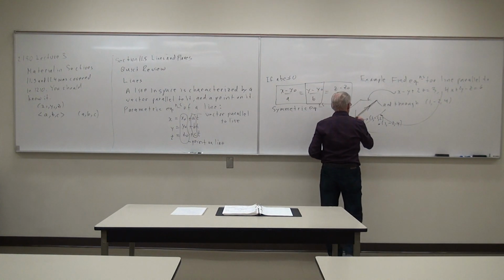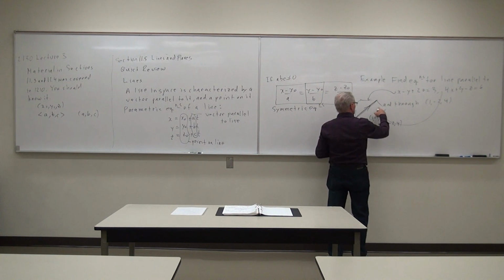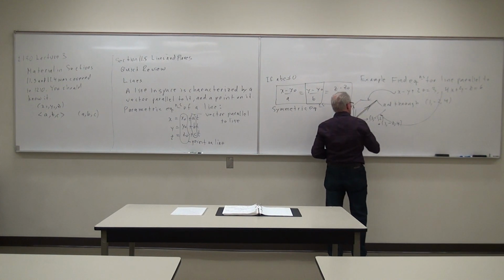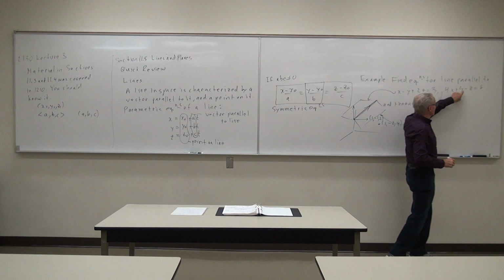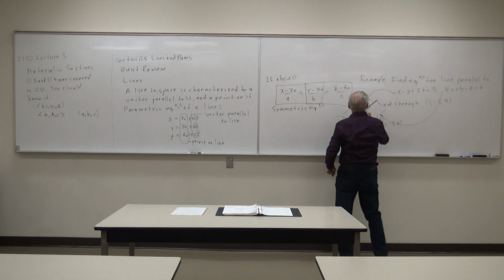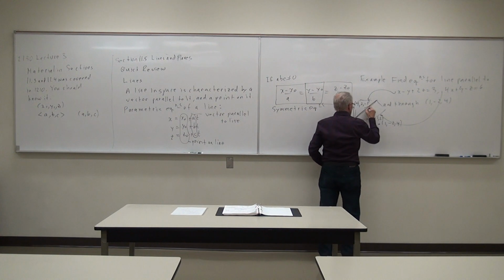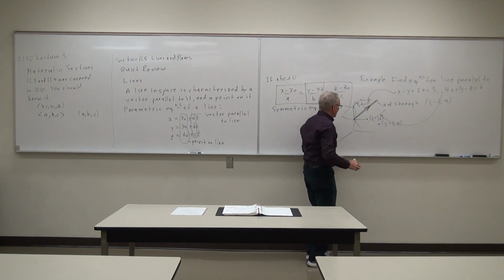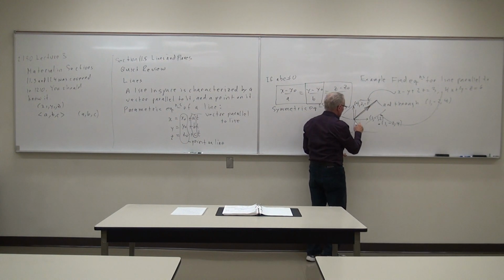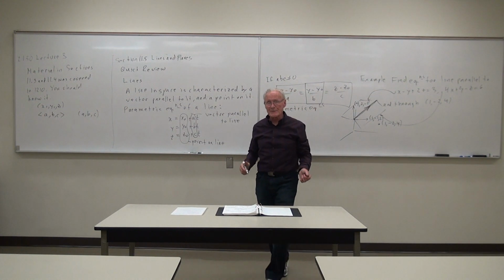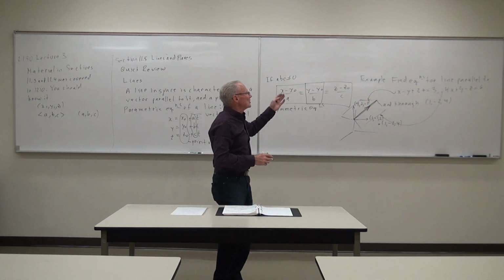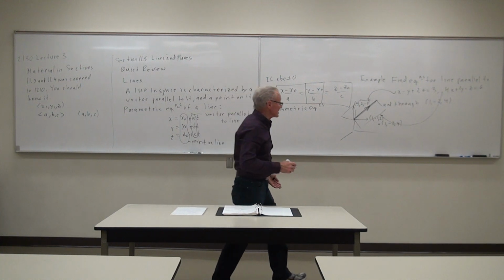If you go to that same point, you can find a vector perpendicular to this plane. It's (4, 2, -1). If you want a vector here along the line, it should be perpendicular to this one and this one. But how do you find a vector perpendicular to others? You cross them, just like in the last example.